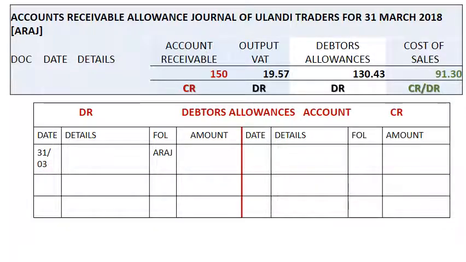To record the debtors allowances column, we open up the debtors allowances account in the general ledger. On the debit side at the end of March, 31st, details, accounts receivable, folio, ARAJ, amount as calculated in the allowances journal.